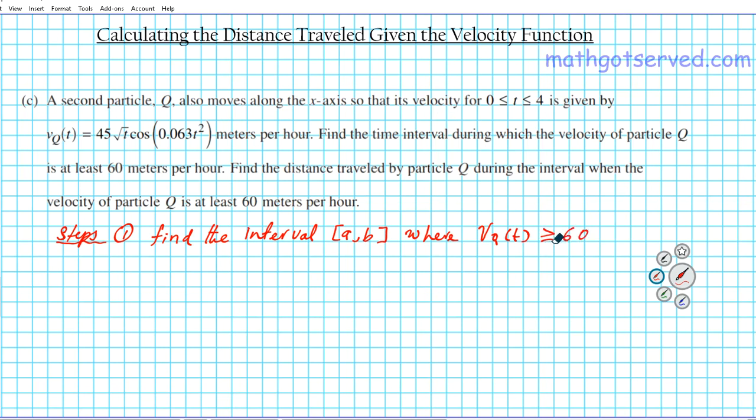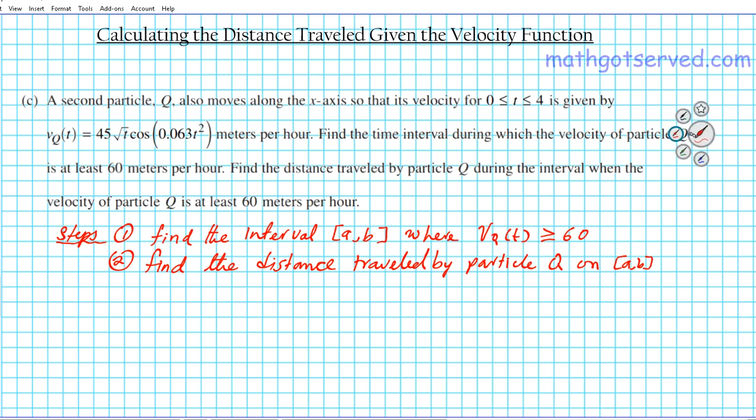That's what "at least" means. It's 60 or greater. Okay? And then secondly, we're going to find the distance traveled by particle Q on that interval AB that we found.